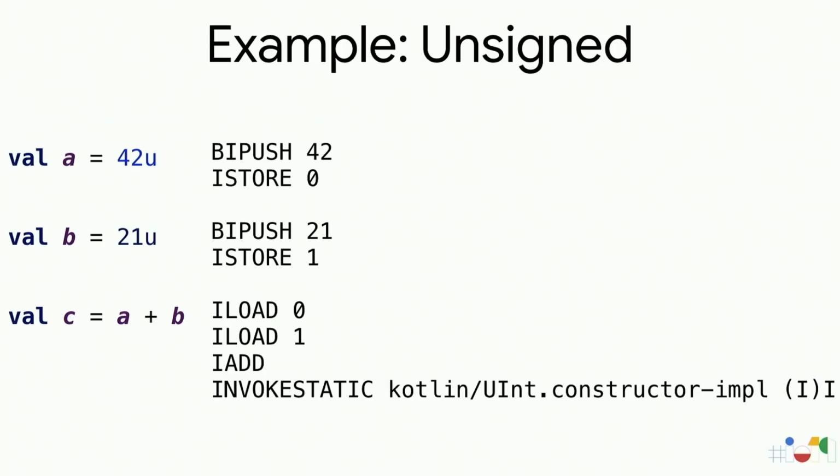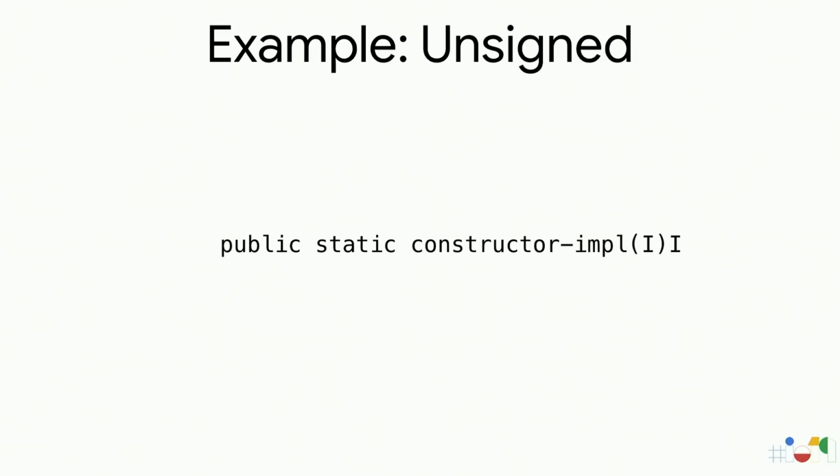The only thing that's a little bizarre here is that we invoke a static function called UInt.constructor-impl. You can see that it takes an integer and returns an integer. If we look at this particular function to see what it does, that's where things get a little surprising. I'm sure the JetBrains folks would know why it does this. I have no idea.